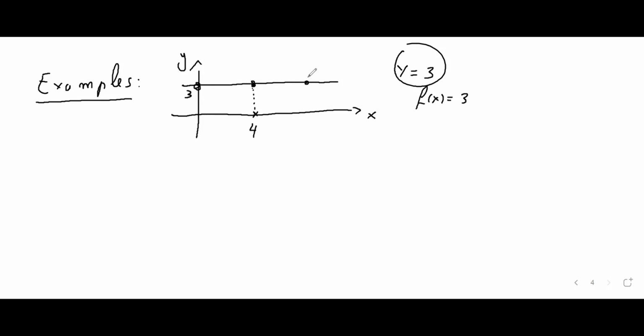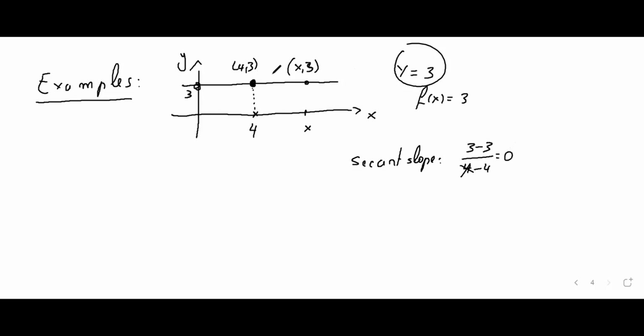So let's say x equals 4. What is going to happen with the secant line? It is going to connect this point, which is 4 comma 3, to this other point here, which is x comma 3. That takes care of the problem, because when you calculate the slope, or the rate of change, of the secant line, it will be 3 minus 3 divided by x minus 4, which is 0.